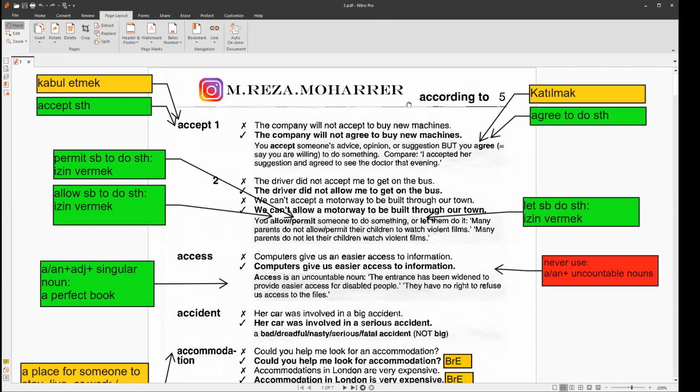This page is page 5, so we studied 4 pages already. Here we are going to study accept and some other parts, except one. So who's ready to read this part? I'm waiting for a volunteer. A brave, strong lady or gentleman to read this part.